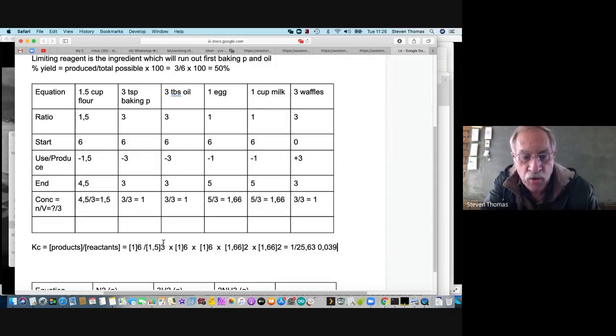Did you get all of that adds up to 25? 1.5 cubed times 1 times 1 times 1.6 squared times 1.6 squared.